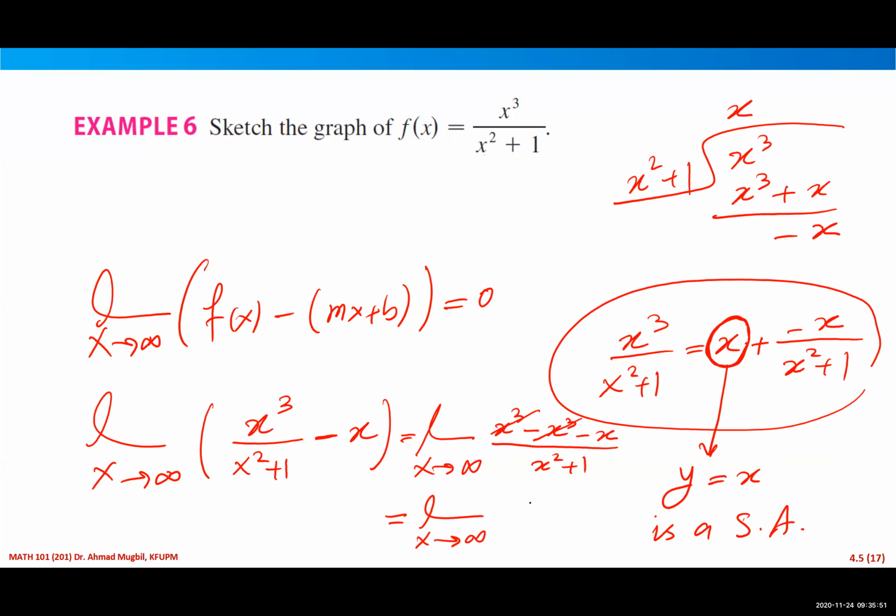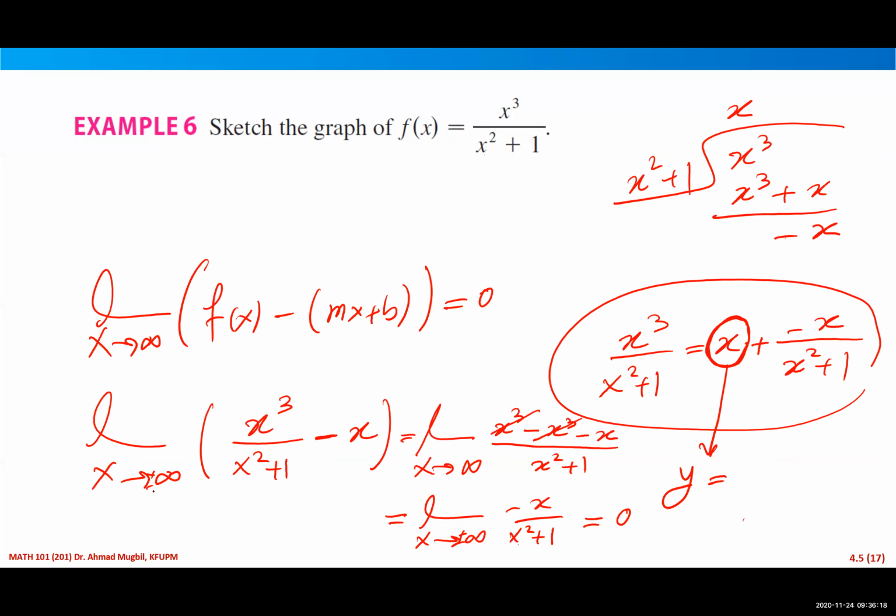We have negative x over x squared plus 1. What will be the limit, ya shabab? 0. It is 0, because the degree here is less. If you divide by x squared, you will get 0. What will happen if it is going to negative infinity? The same. So even if it is going from the right or from the left, it will be the same.